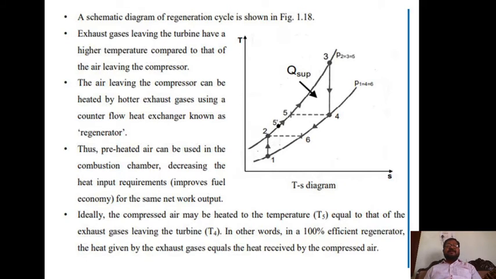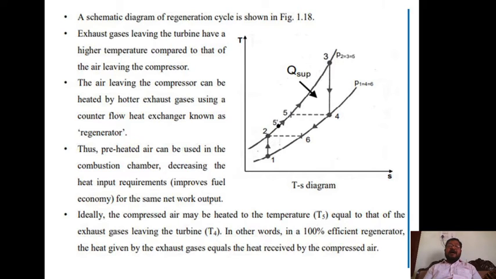If the heat supply reduces, then automatically thermal efficiency increases, right? Like that, 3 to 4 is the isentropic expansion, or work done process. Here, the turbine is going to develop some work, from turbine inlet to turbine outlet.